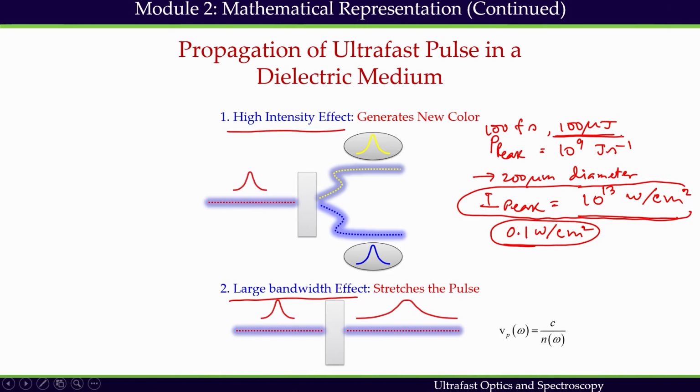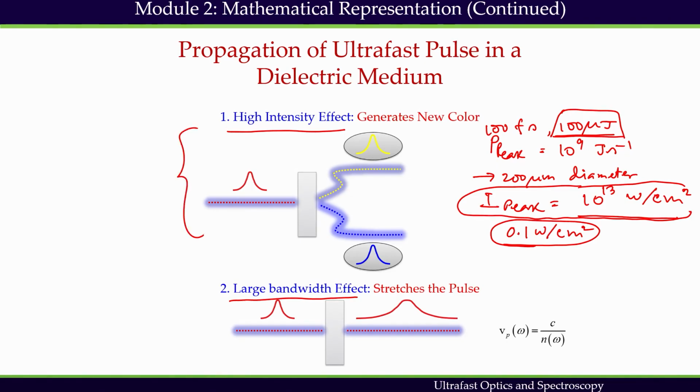This 100 microjoule is pretty low energy, but very frequently used in the ultrafast laser spectroscopy lab. So a moderate energy pulse can give me a peak intensity of the order of 10 to the power 13 watt per centimeter square. It's a huge intensity, and because of that intensity we get polarization, we get nonlinear effects.